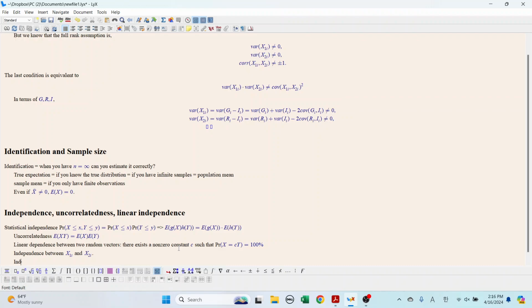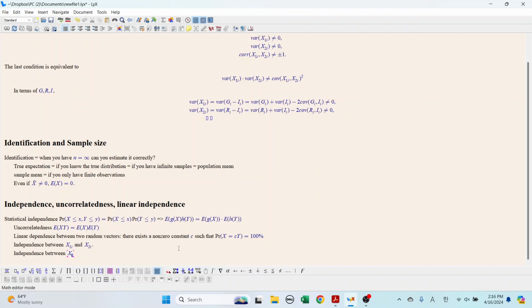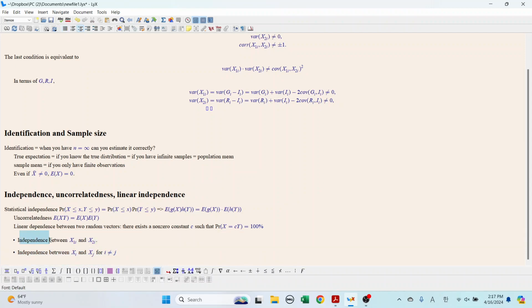But at the same time, you can think about independence between xi and xj. So you observe two people, and the first person and the second person are independent. That is another independence. So we are looking at different dimensions: independence of a variable from another variable, but here it is independence of one observation from another observation.